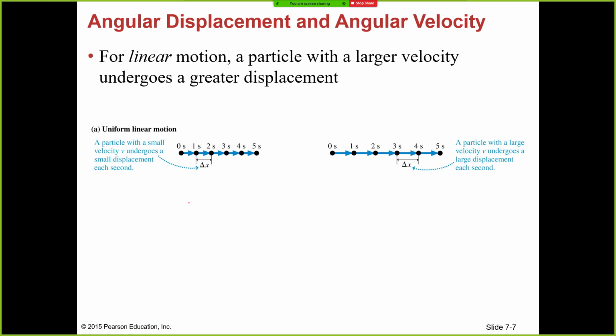That's why you have smaller displacement in this case than in this case. Okay, this one is at larger velocity. So that means there is greater displacement. Every second it covers that much distance or displacement, whereas in this case every second it covers that much only. So greater displacement due to greater velocity or larger velocity.